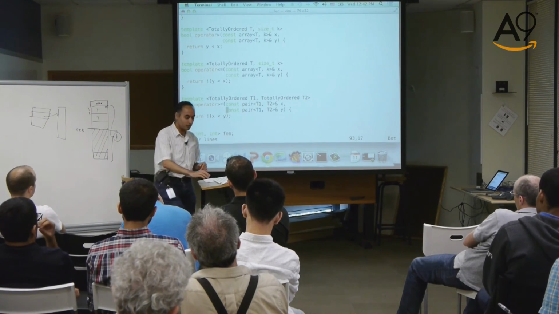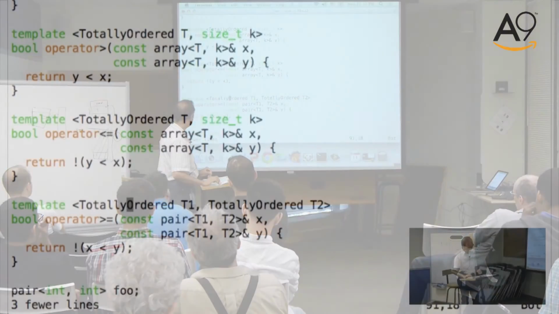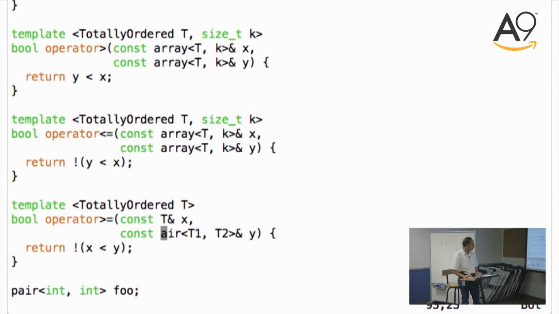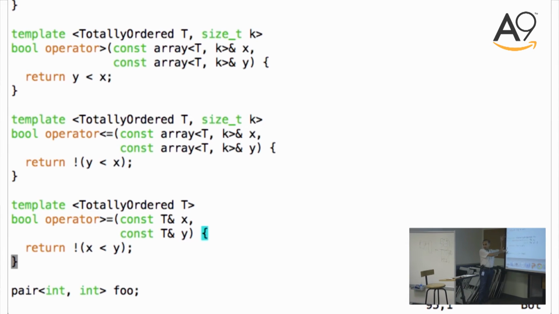There's no change. So in fact, we could just say totally ordered T, and write const T ref x, const T ref y, and this is a perfectly fine definition of greater than or equal.